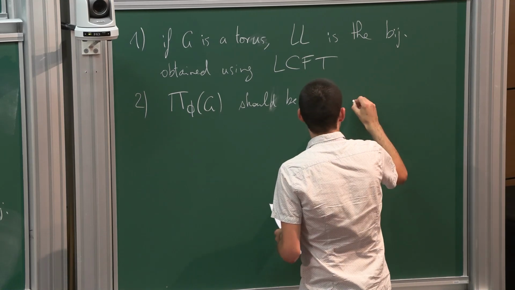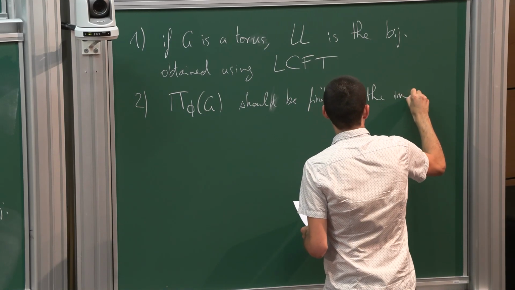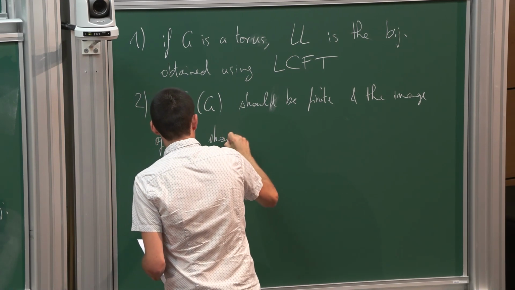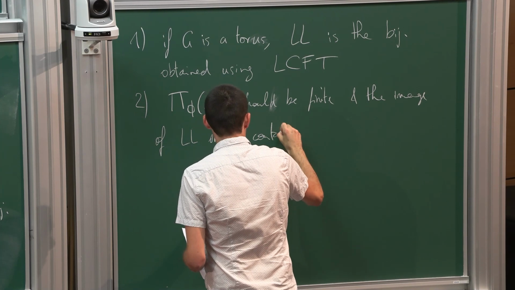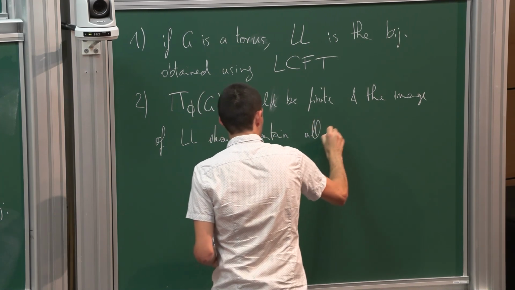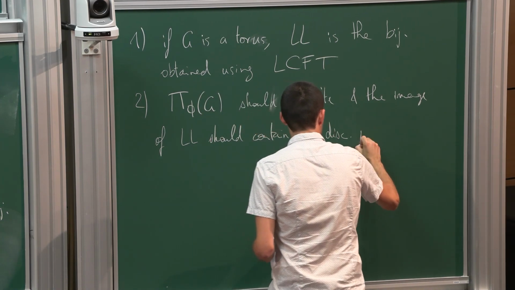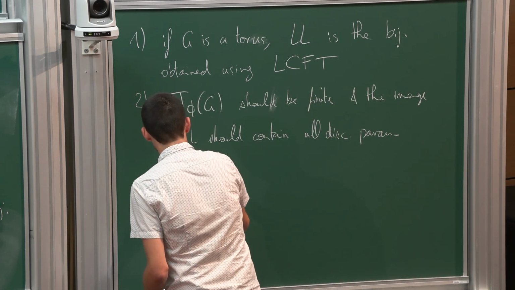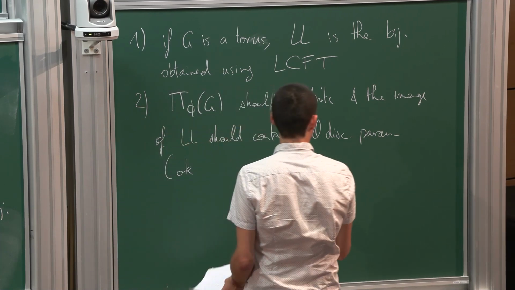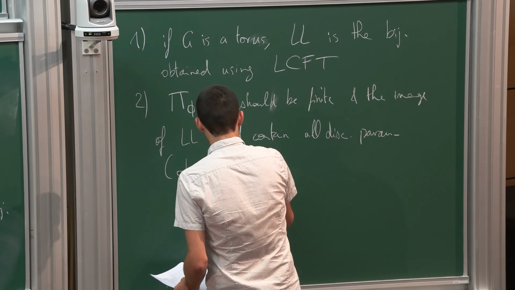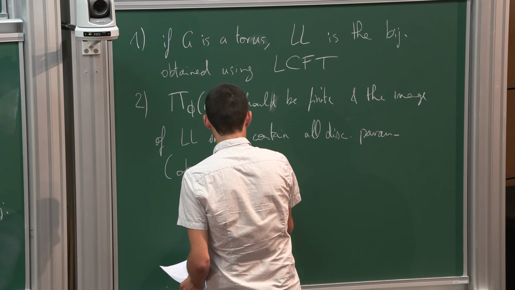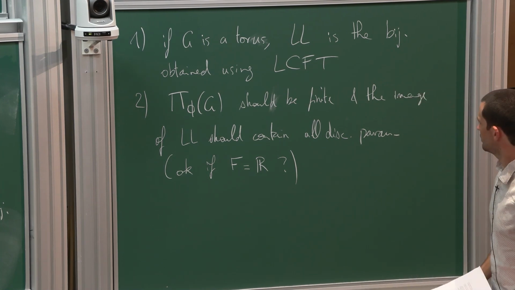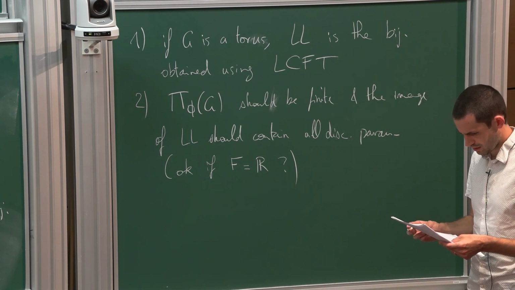And the image of LL should contain at least all discrete parameters. And I'm actually not exactly sure that this is true if F is the field of real numbers.